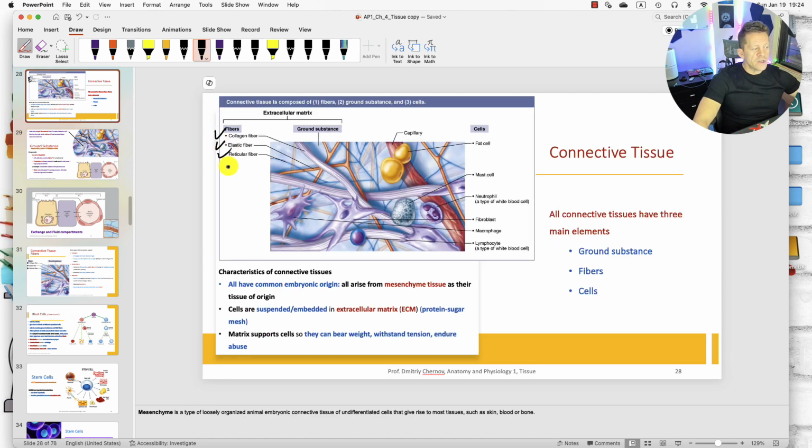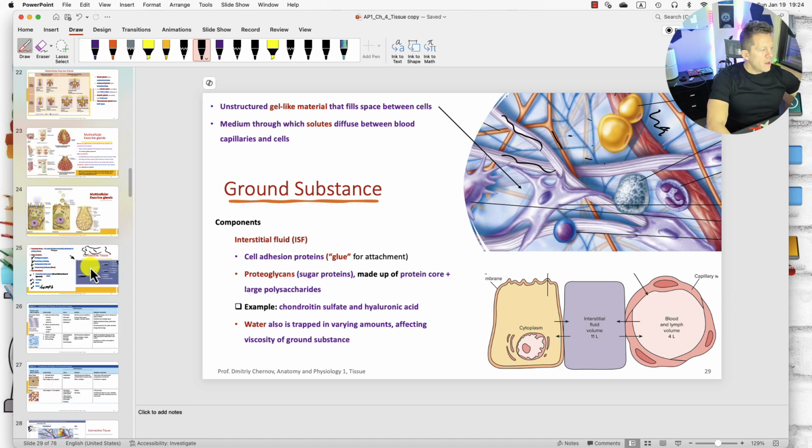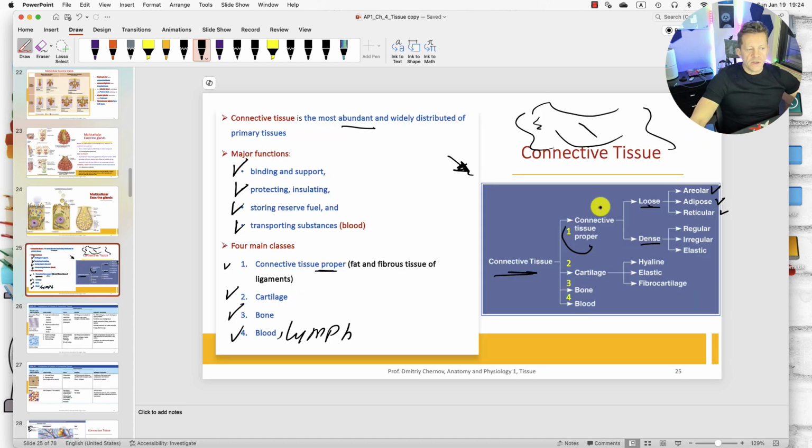You see I have these fibers spread out, and there's a ground substance, water, in between. With a dense connective tissue, fibers are close to one another. I'm going to show you the example.